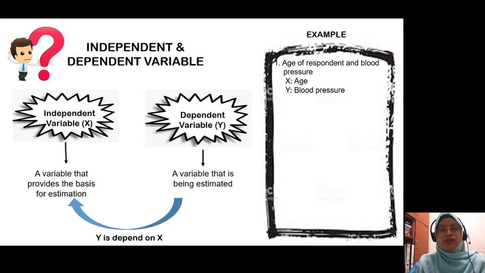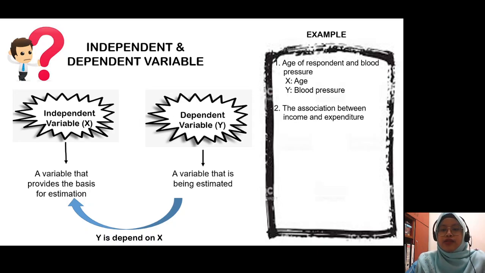If the question asks you to determine the independent variable and dependent variable, you have to write independent variable equal to age, dependent variable equal to blood pressure. You cannot write x equal to age, y equal to blood pressure. It depends on the question. Remember that.